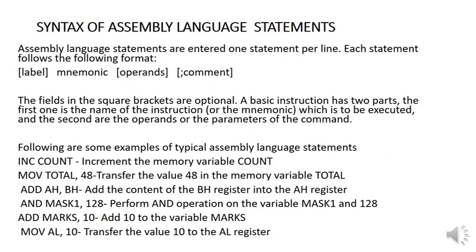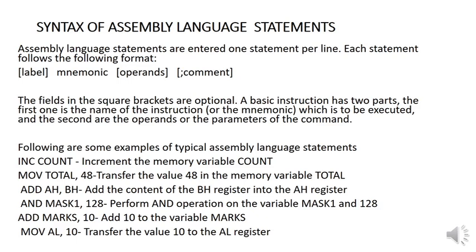So that takes us to the syntax of assembly language. Assembly language statements are entered one statement per line. Each statement follows the following format: label, mnemonic, operands, and what? Comments.